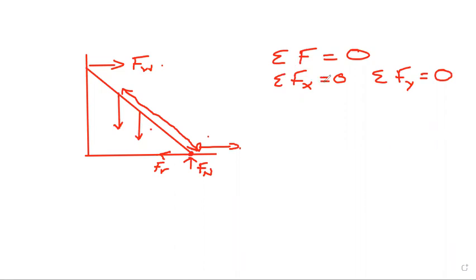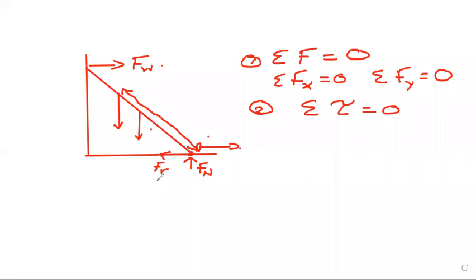The second condition is the summation of the torques should be equal to 0. That's the second condition. This is the only way you will be able to solve this with the help of the angles. You work within these two conditions when you are dealing with equilibrium questions.